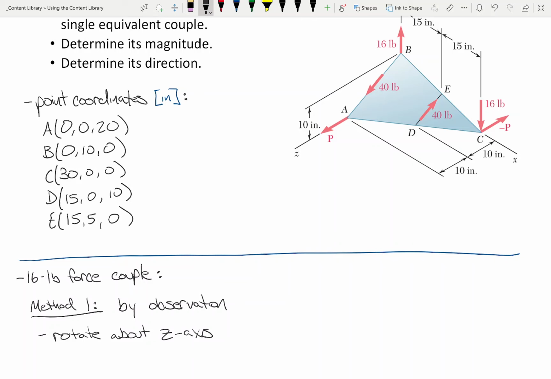How do we figure that out? Take our thumb, point our thumb in the direction of the z-axis, and then our fingers are doing positive rotation. Is it positive or negative? Negative, because they're rotating this way. My fingers have to go like that. So I'm going to say negative rotation.